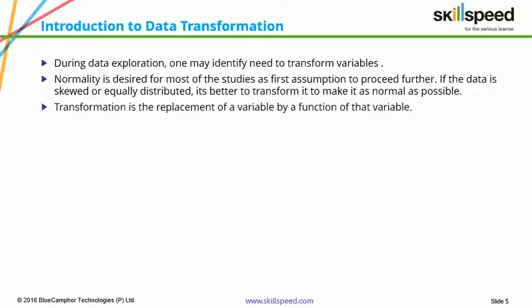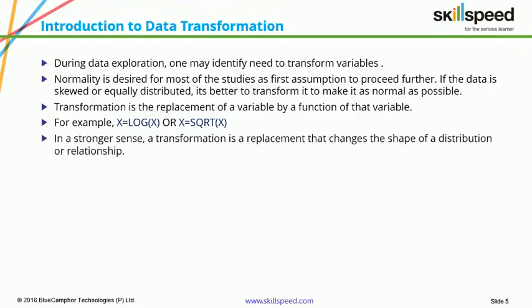Transformation is the replacement of a variable by a function of that variable. For example, x can be rewritten as x equals log of x, or x equals square root of x. In a stronger sense, a transformation is a replacement that changes the shape of a distribution or relationship.